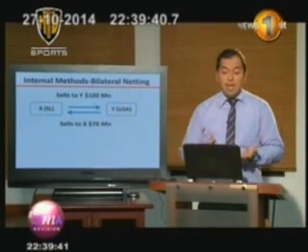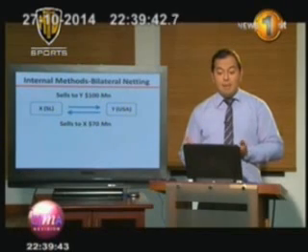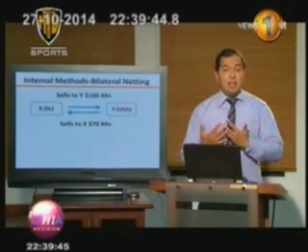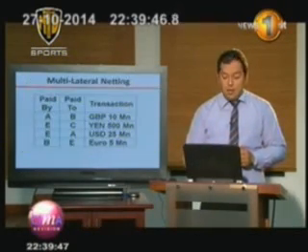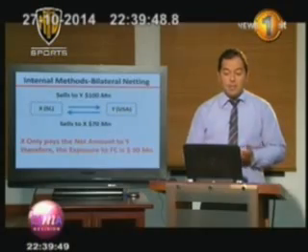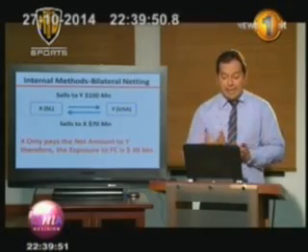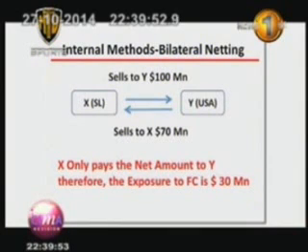Does X pay Y 100 million and then does Y pay X 70 million? No. They knock off these transactions and X says, why don't I just pay you $30 million for this transaction instead of 100 million going up and 70 million going up and down.